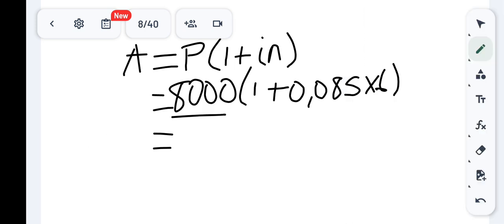Okay, put this into our calculator: 8,000 times 1 plus 0.085 multiplied by 6. This is going to give us 12,080.